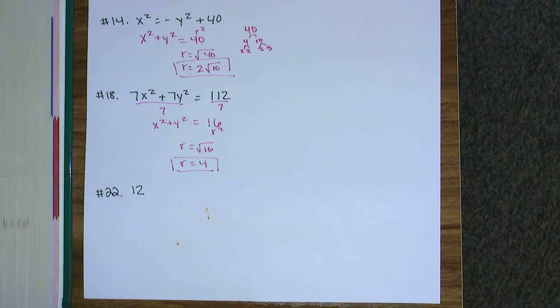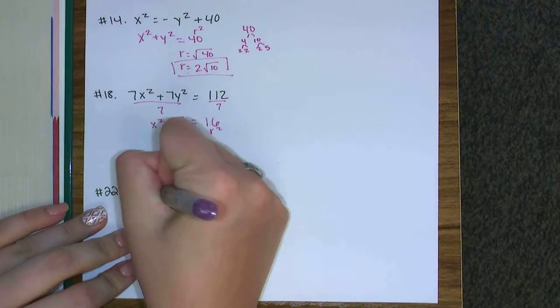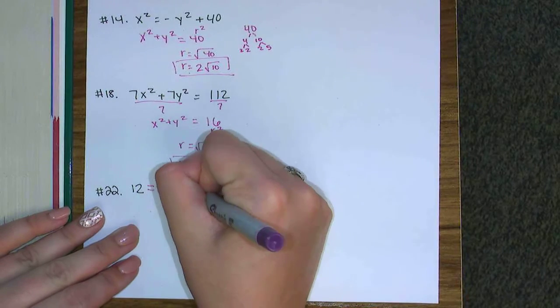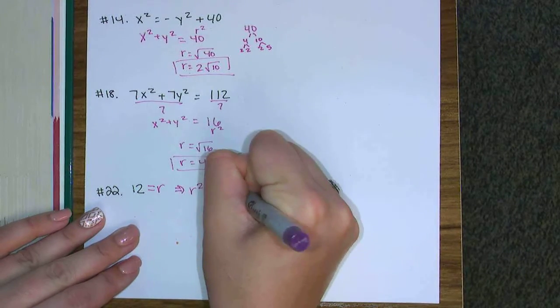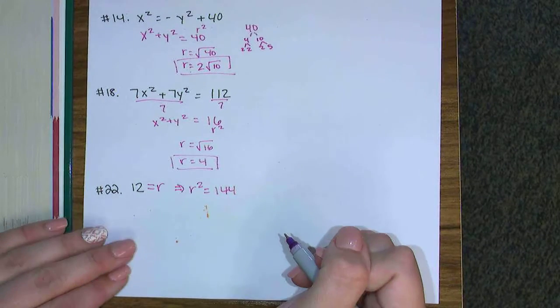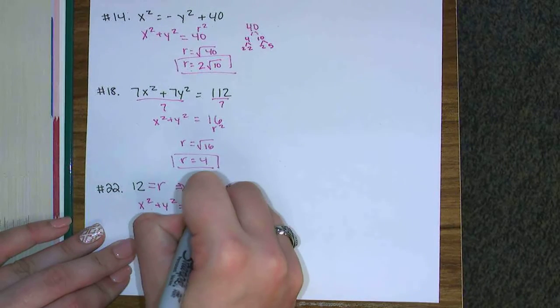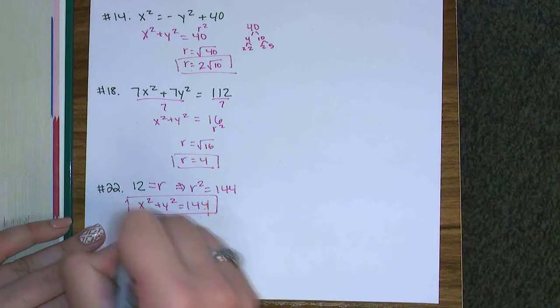So 12 is equal to r. So I need r squared, which is 144. So now I just write x squared plus y squared is equal to 144. And that's all you have to do there.